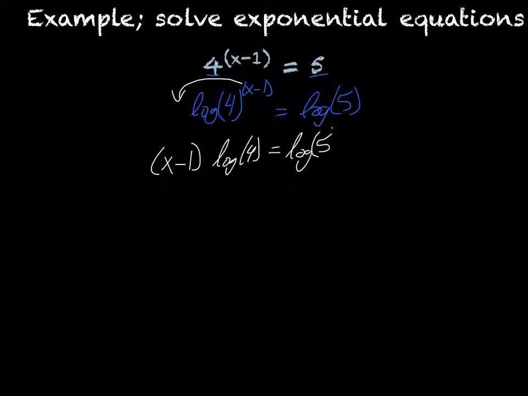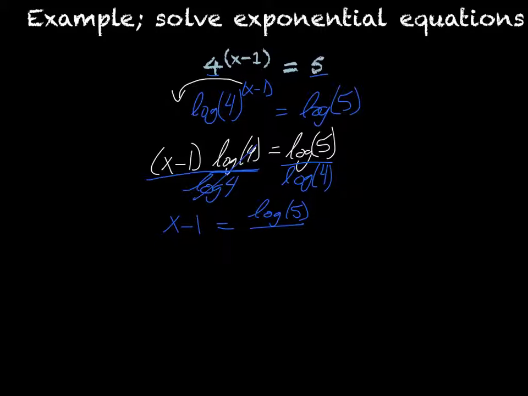Now, at this point, we just solve for x. What we have now is actually a number times x minus 1 equals another number. So I'm going to divide by the number log of 4, and then I can cancel it out like I always do. But if I do it to one side, I've got to do it to the other side. So what I have is x minus 1 equals the log of 5 divided by the log of 4.